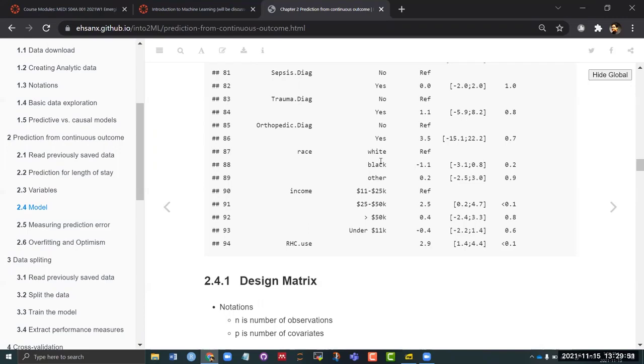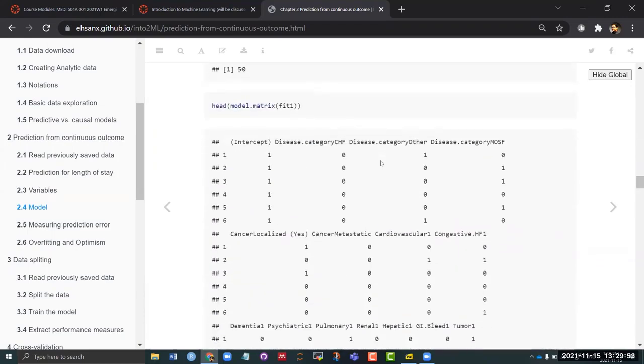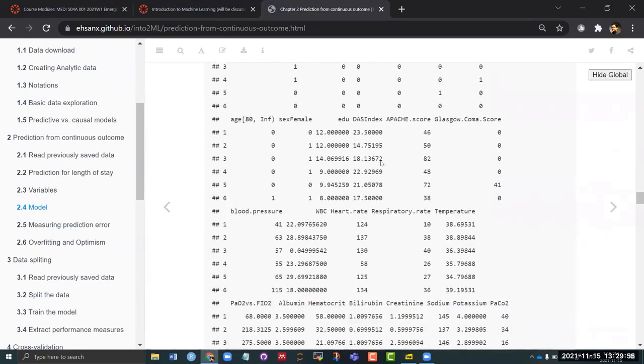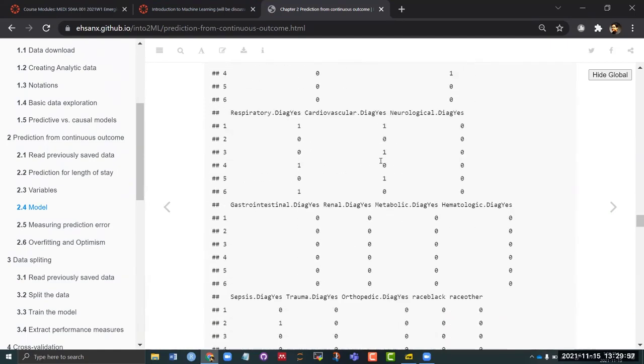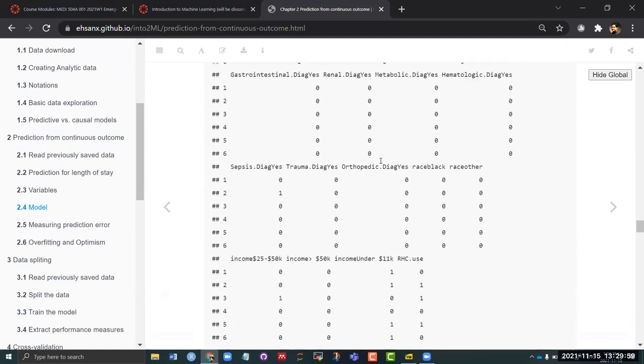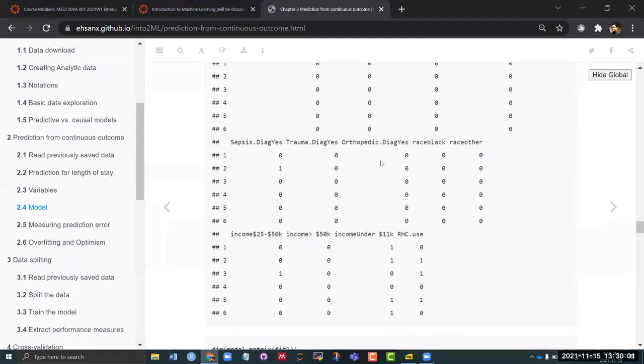In that design matrix, you will have something like this. Say, for example, let us take the income category. Remember there was one income category that was the reference category that is not here anymore. All you have is the 1, 2, 3 levels of income. Originally, we have 4 levels, right?